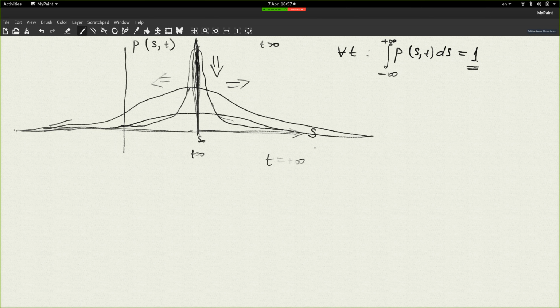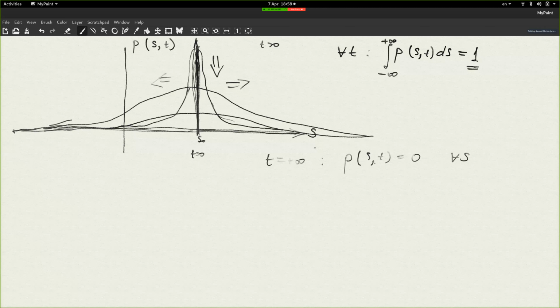We'll have our probability density function P of S and T at T equal to plus infinity being 0 everywhere for any S. So the probability mass decays to spread equally over the S-axis, and it will be 0 everywhere.